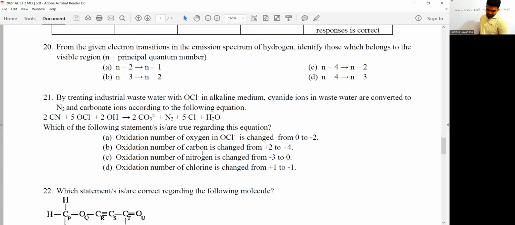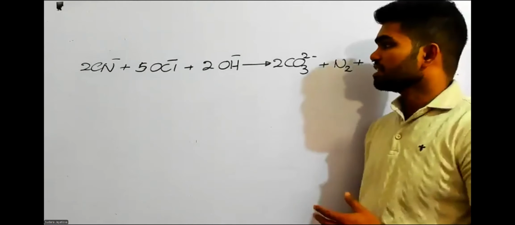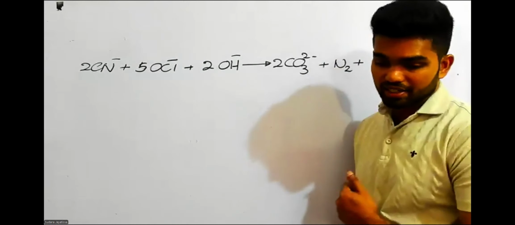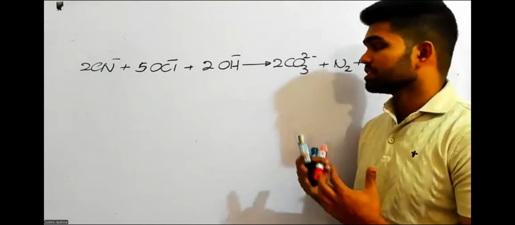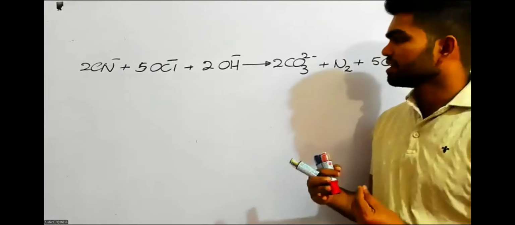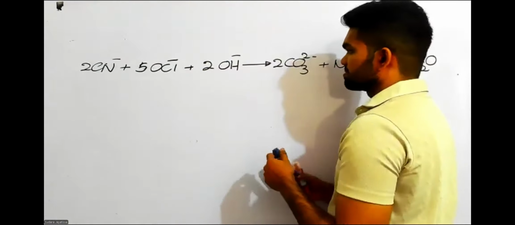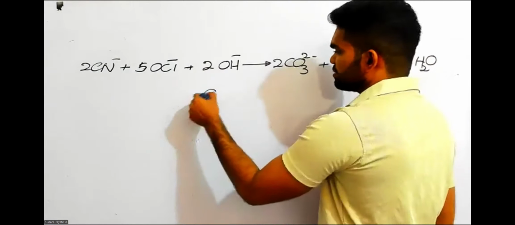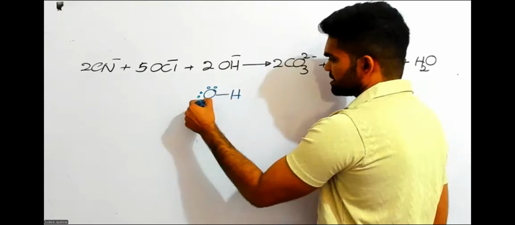Okay, so now it's asking about the oxidation numbers. So now let's come to the board and find the oxidation numbers of all atoms here, right? For some atoms, we need their molecular structure, okay? For example, if you start from OH minus, what is the structure of OH minus? This is the Lewis structure.